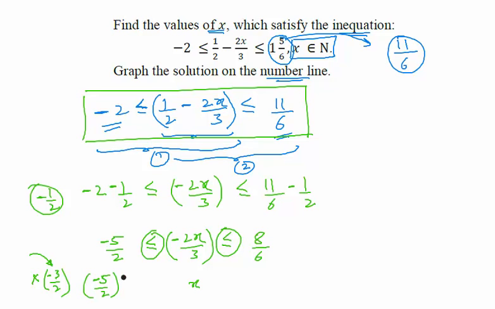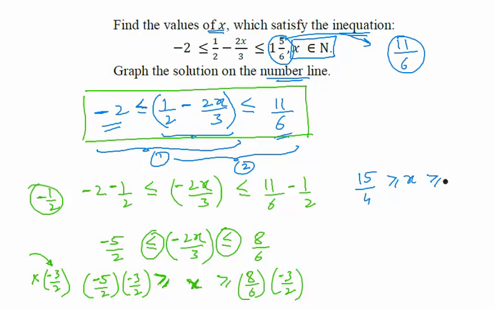So minus 5 by 2 into minus 3 by 2 is greater than or equal to, sign of inequality is changing, greater than or equal to x is greater than or equal to 8 by 6 into minus 3 by 2. Right? On further calculation, you should get 15 by 4 is greater than or equal to x is greater than or equal to minus 2. This is your final result.